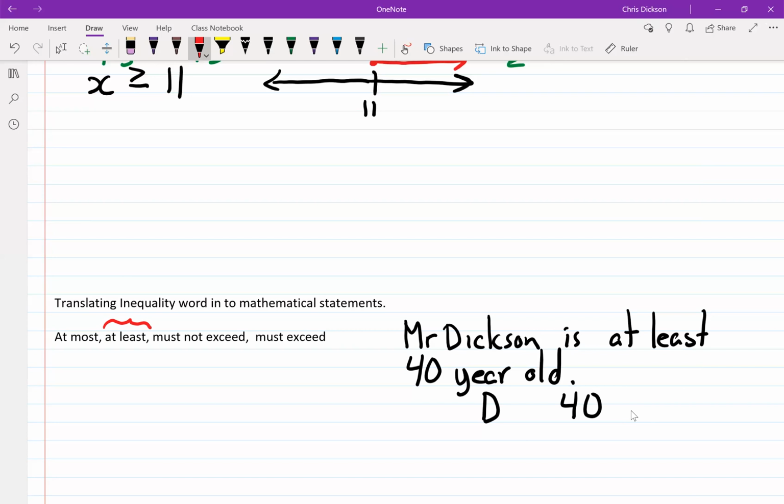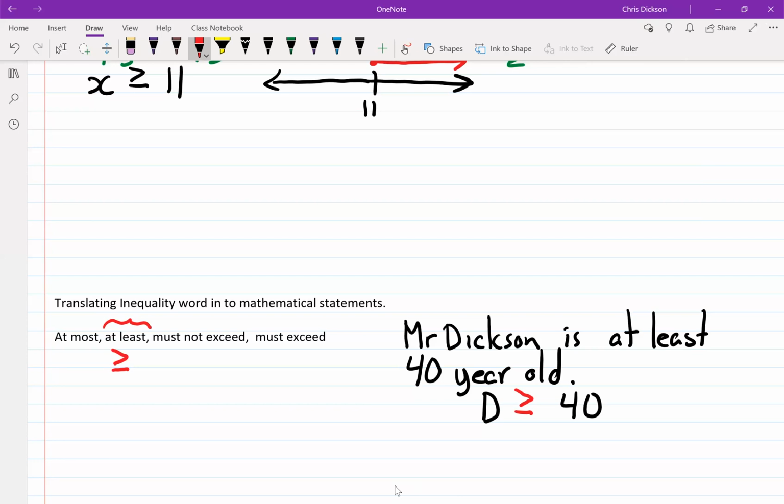Well, if I'm at least something, that means I'm that number or more. So that would be bigger than or equal to. So that would mean I'm bigger than or equal to that age. So the word at least means bigger than or equal to, or maybe I should use the words above, greater than or equal to.